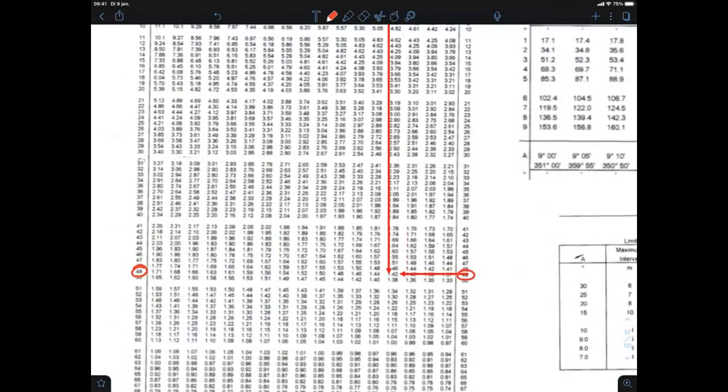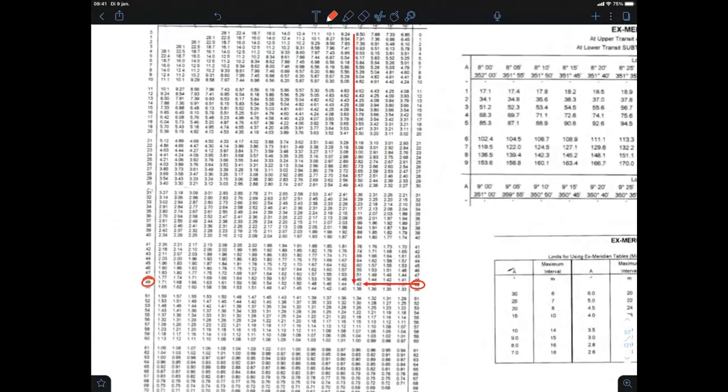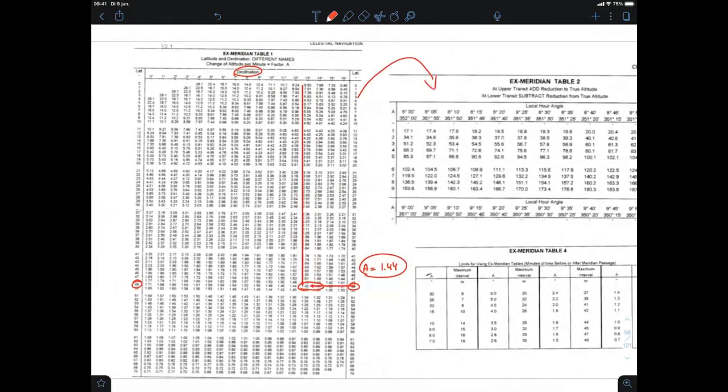And at a declination of 12 23, we see that we have to interpolate between 142 and 146, so we get a value of A of approximately 144. Okay, with this value, we go to our second table to determine X, and we go to table 3 to determine X prime.